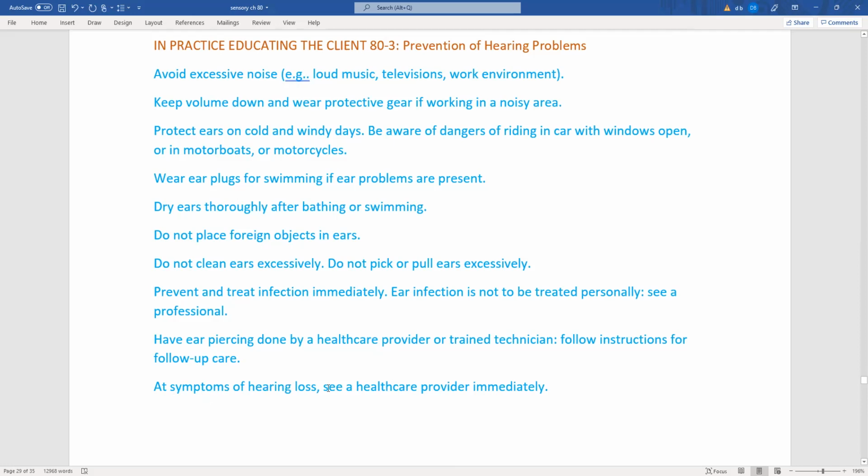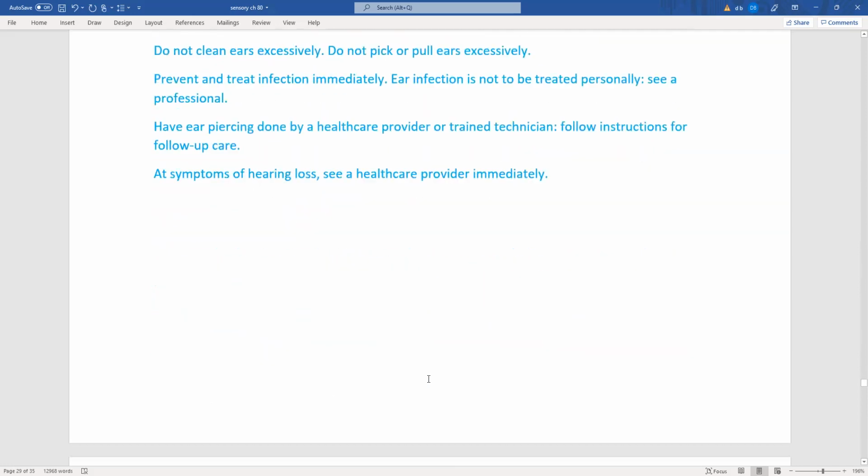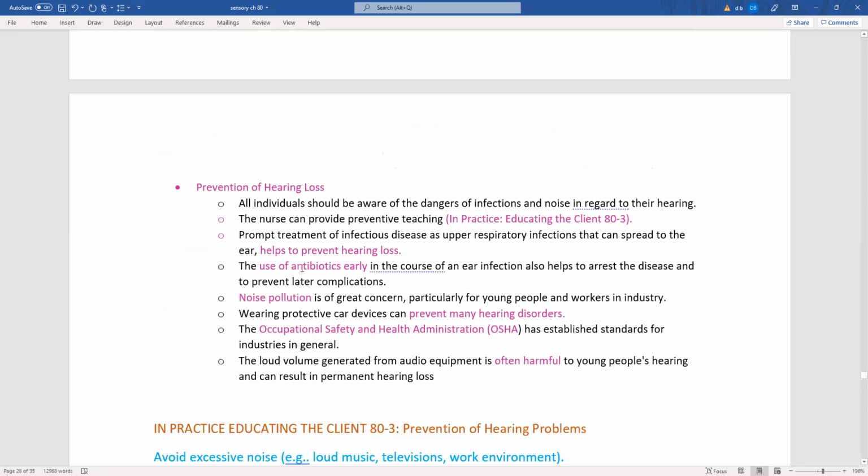At symptoms of hearing loss, see a healthcare provider immediately. Let's scroll back up. Prompt treatment of infectious disease such as upper respiratory infections that can spread to the ear helps to prevent hearing loss.